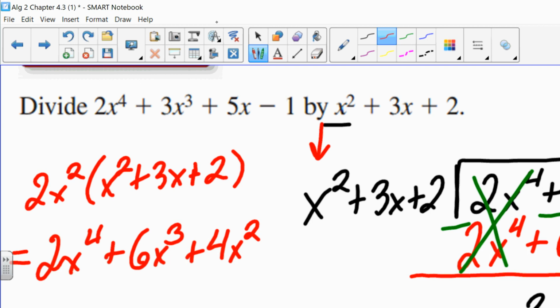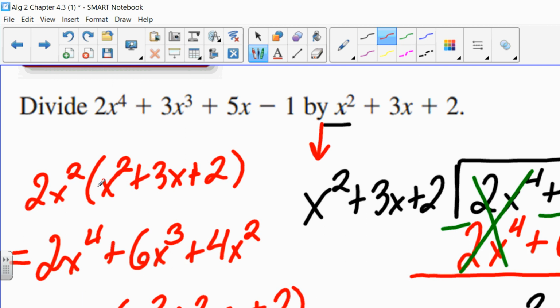So, what times x squared will give us negative 3x cubed? Negative 3x. Then we're going to do negative 3x times x squared plus 3x plus 2.